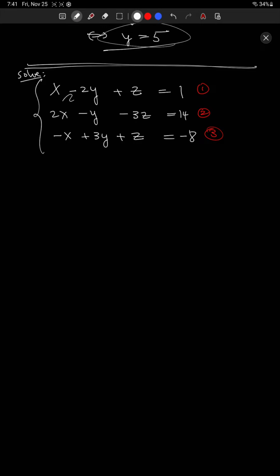And then we're going to use equation 1 to get the x in equation 1, the first variable in equation 1, and use that to get rid of the x's in equation 2 and 3. All right, so that's our short-term goal.